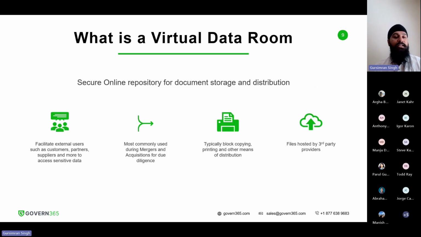Okay, and Manish highlighted a little bit in his intro about what is a virtual data room. So in essence, it's a secure online repository for document storage and distribution, right? We want to be able to present data there, have external parties come in, consume that data in whatever way that they need to, and then be able to take some action on it, right?